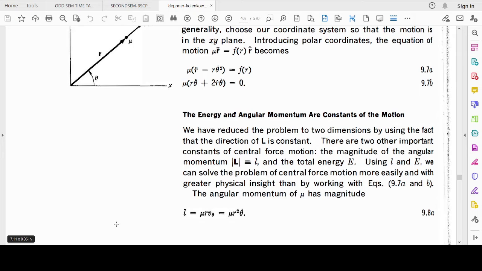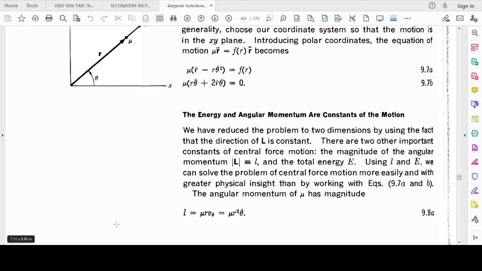As we know, the angular momentum is conserved if the net torque is 0, and in this case of central force, the total energy and the magnitude of the angular momentum are constants, because of this property that the laws of conservation of momentum and energy are obeyed by the central force problem.